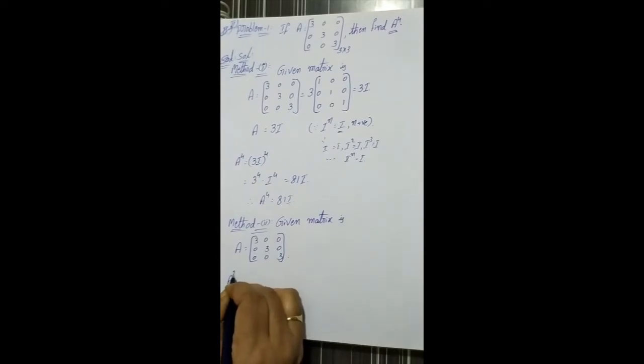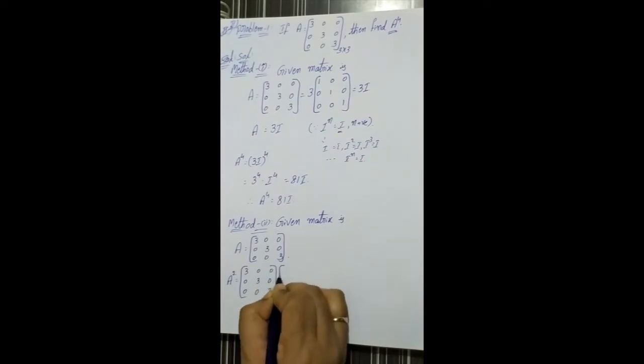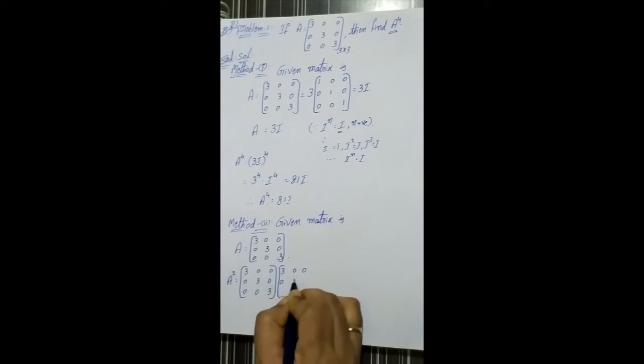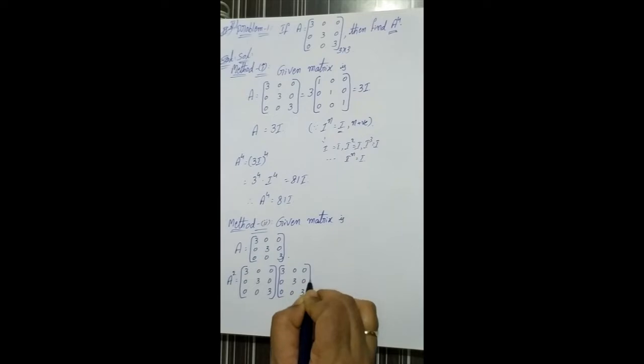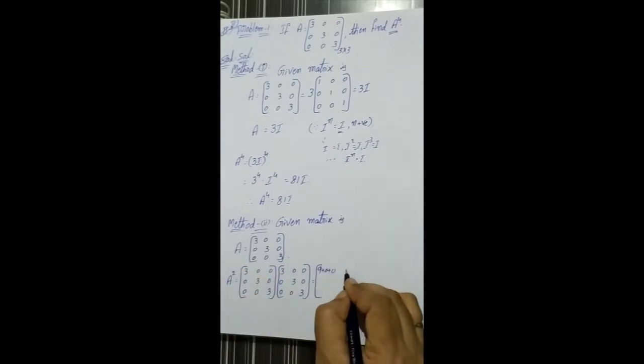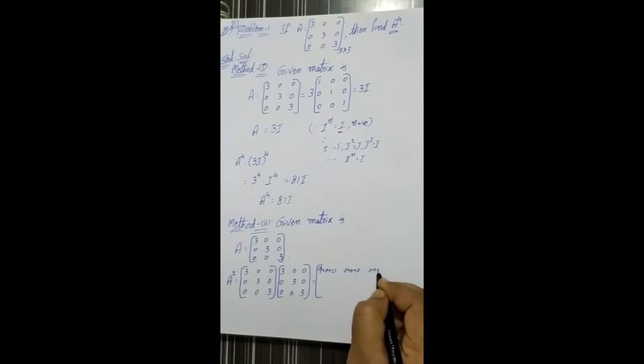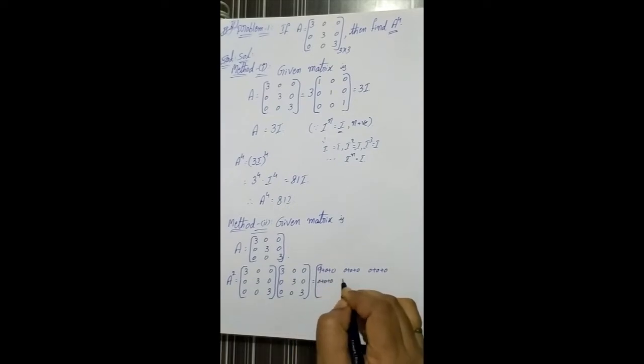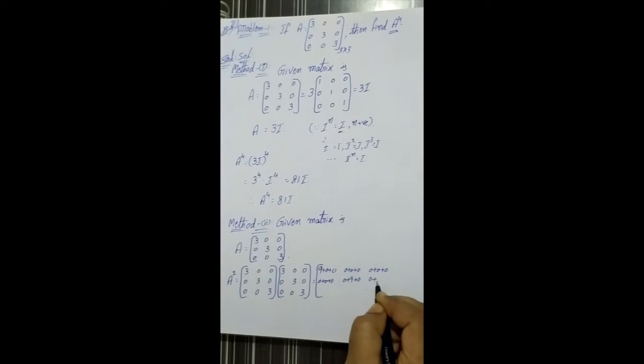Then A square equal to the matrix 3 0 0, 0 3 0, 0 0 3 into 3 0 0, 0 3 0, 0 0 3, that is equal to: first row first column, 3 3s are 9 plus 0 plus 0, 0 plus 0 plus 0, and so on, with the diagonal entries 9 and all other entries 0.